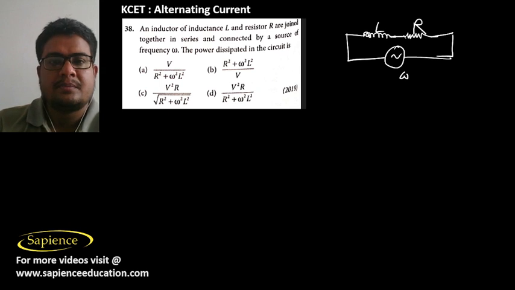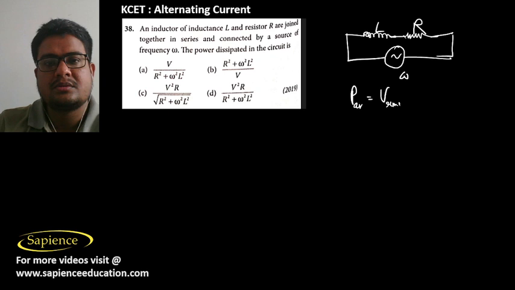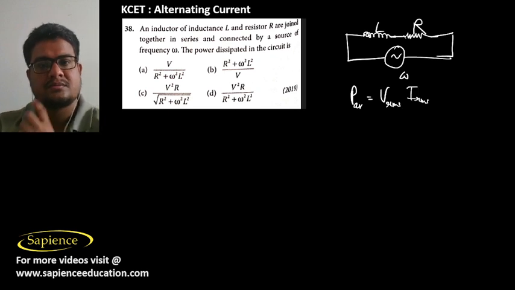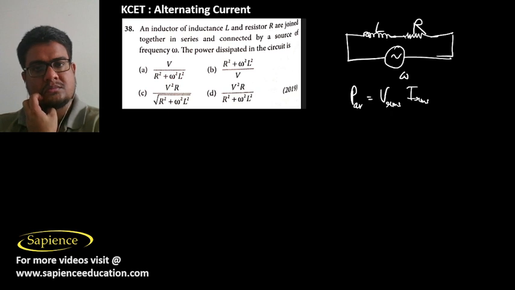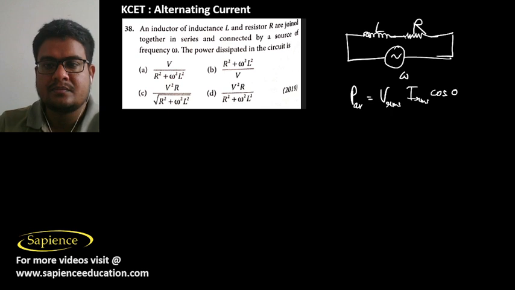The power dissipated in the circuit is equal to VRMS into IRMS into cos phi.